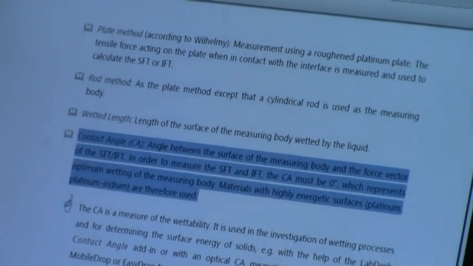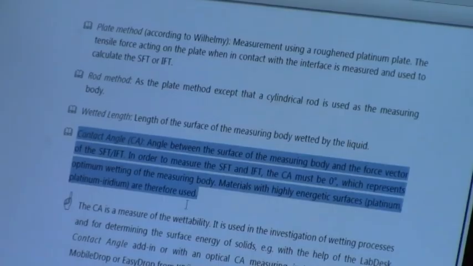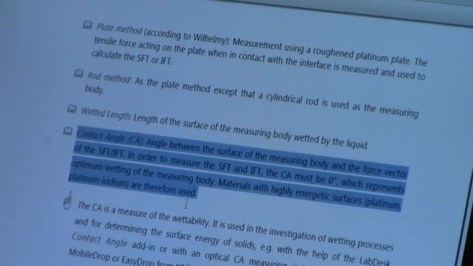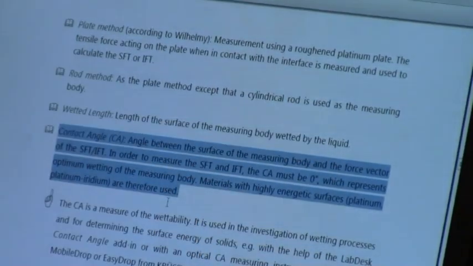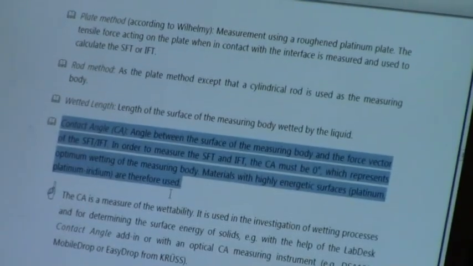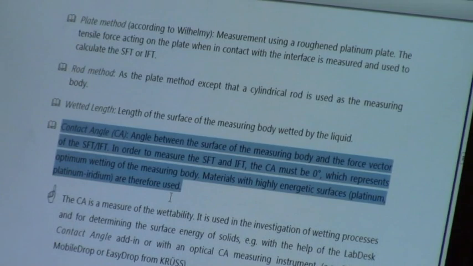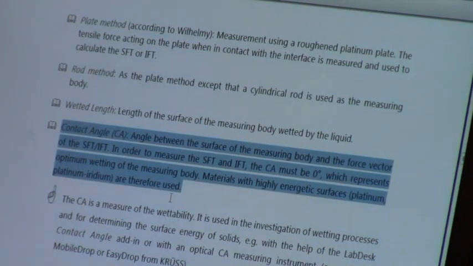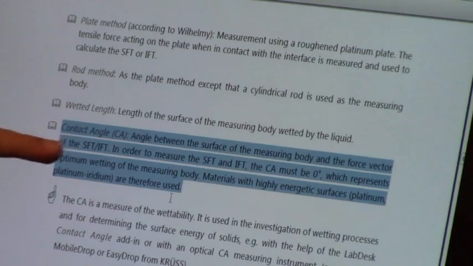In this part, it's talking about contact angle, and it reads: angle between the surface of the measuring body, our plate, and the force vector of the surface tension. In order to be able to measure the surface tension or interfacial tension, this contact angle must be zero, which represents optimum wetting of the measuring body.